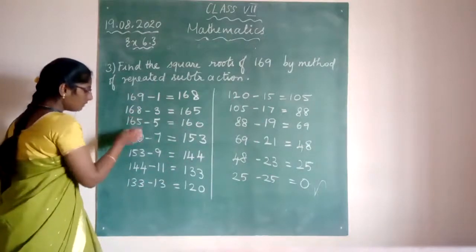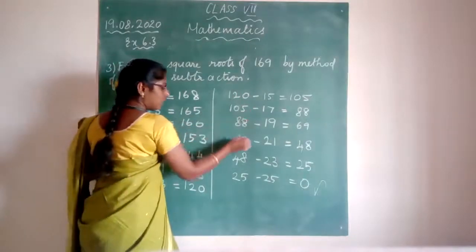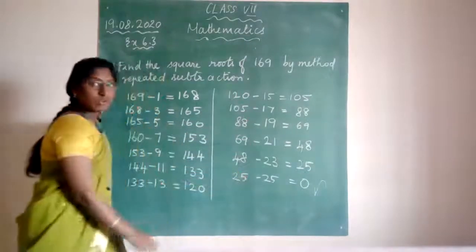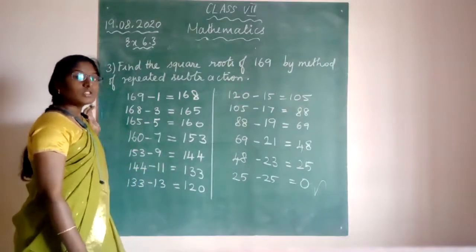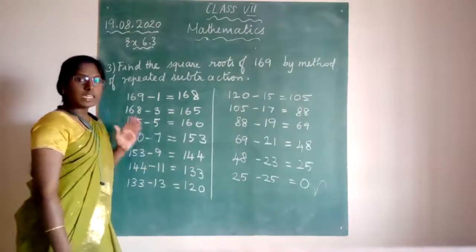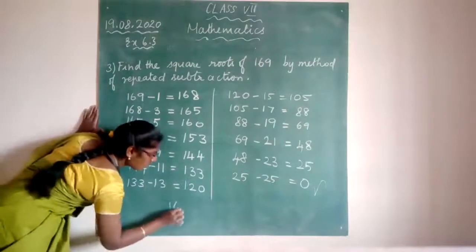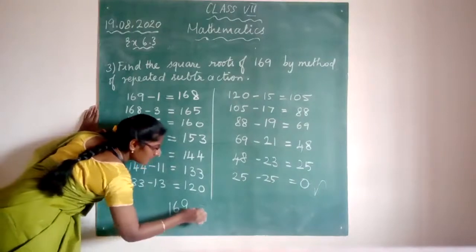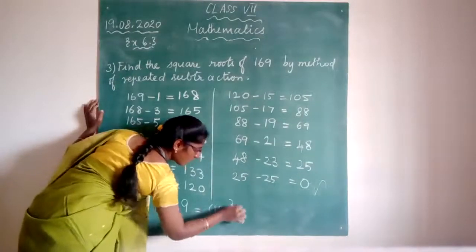So now count how many steps are there. 1, 2, 3, 4, 5, 6, 7, 8, 9, 10, 11, 12, 13. Is it clear? So we have done 13 steps. So this is nothing but 169 is equal to 13 square.